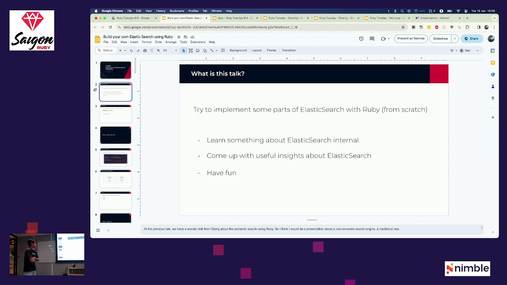So the purpose, hopefully, we can achieve all of these. Hopefully, we can learn something about Elasticsearch internals. Usually, whenever you see this line, it should be a sign that you shouldn't use that technology, because if you need to go under the surface to really use a technology, then it's probably a sign that the interface is not good enough.